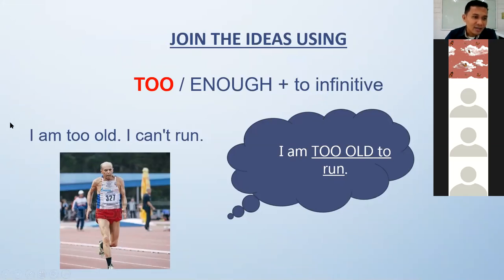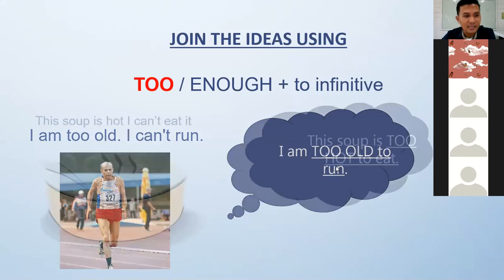I am too old. I cannot run. So can you join these two sentences? Too and then plus to infinitive. So when you are joining that, you can say: I am too old to run. You got it? Understand? I am too old to run.